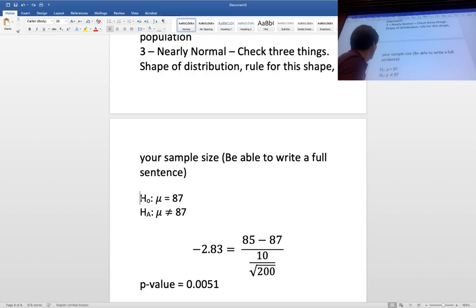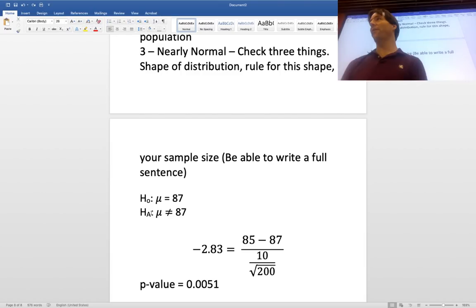I don't reject, I don't have evidence. Does that make sense? I reject, I have evidence. Don't reject is the same as saying what? If you don't reject, it's the same thing as saying fail to reject. So I fail to reject, I don't have evidence. I do reject, I do have evidence.